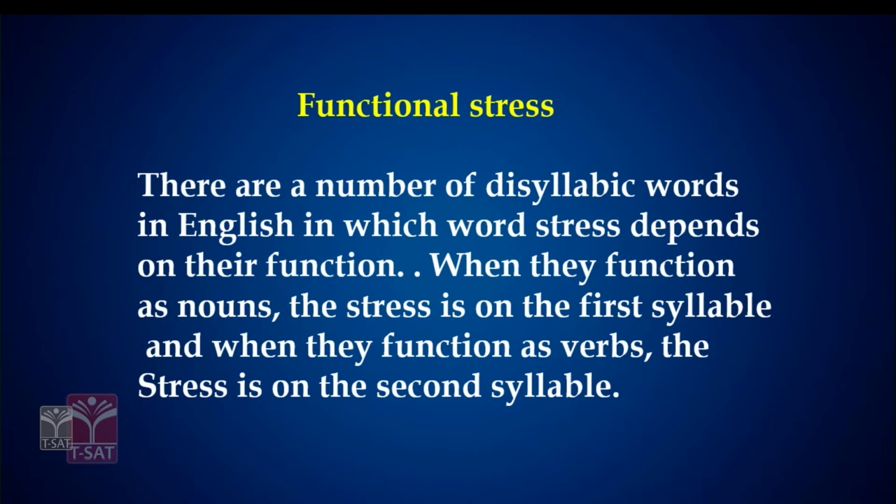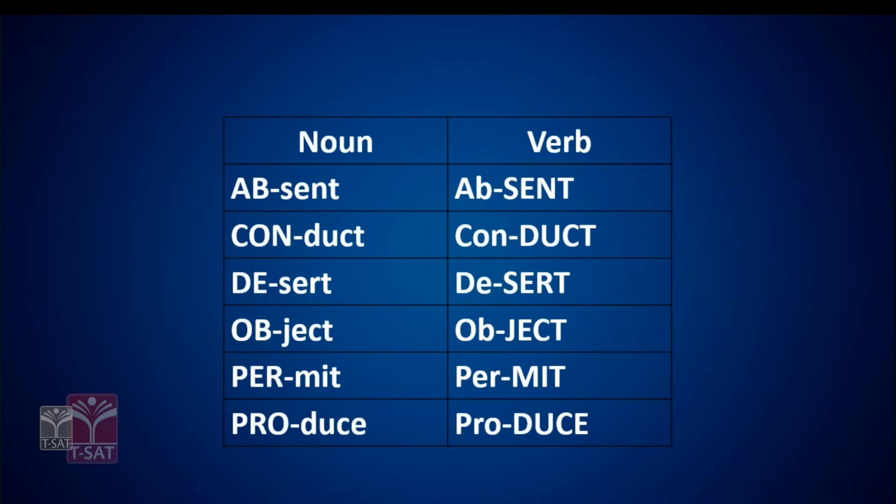There are a number of disyllabic words in English in which word stress depends on their function. That means, when they function as verbs, the stress is on the second syllable. Consider the examples.